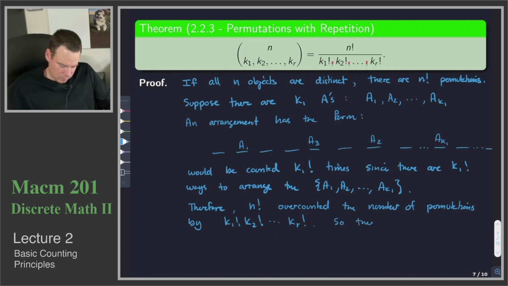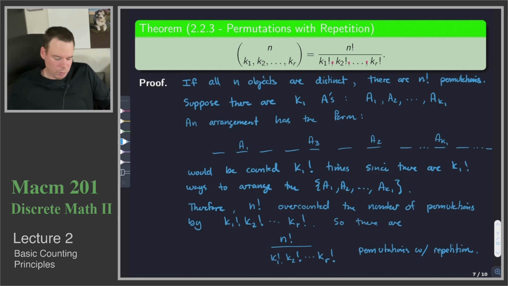So there are n factorial over K1 factorial, K2 factorial, up to Kr factorial permutations with repetition. And that's what we wanted to prove.